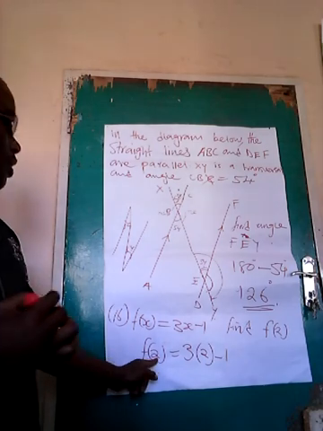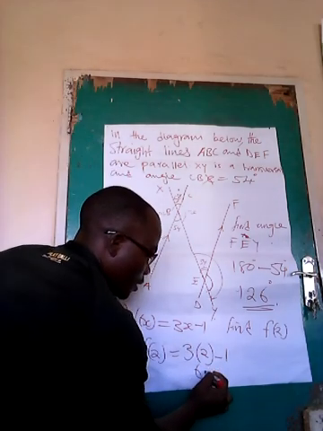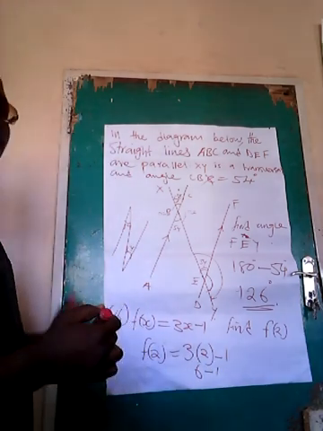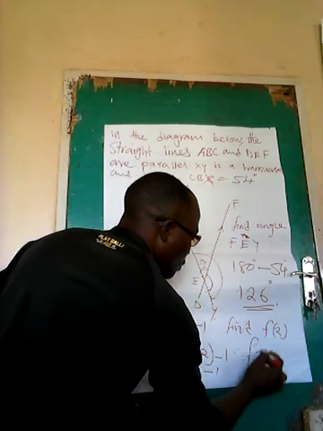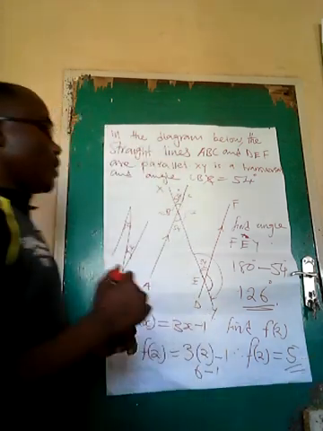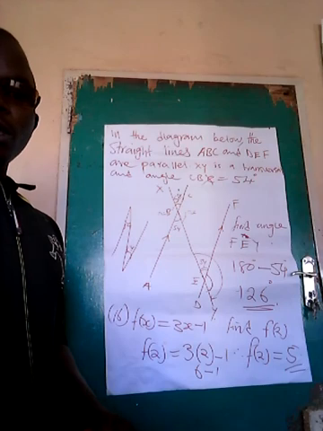That is 3 times 2, you're going to have 6 minus 1. What is 6 minus 1? You're going to get 5. Therefore, the function of 2 is equal to 5. Simple as that. Okay. Let's go to the next question.